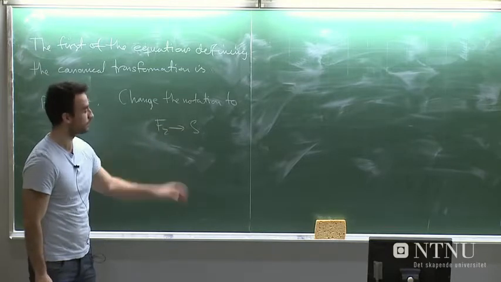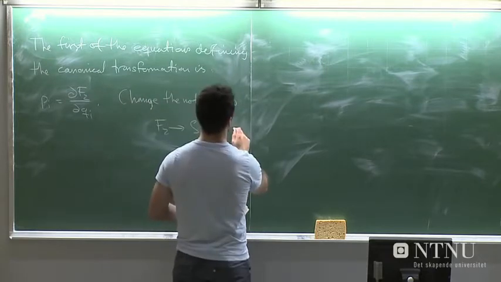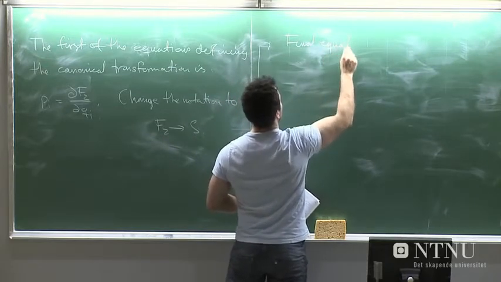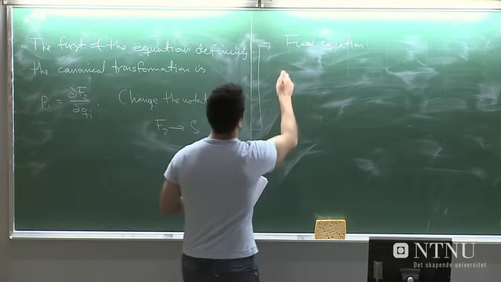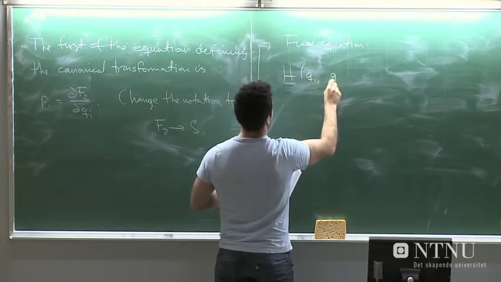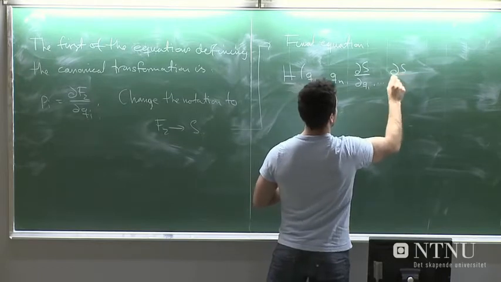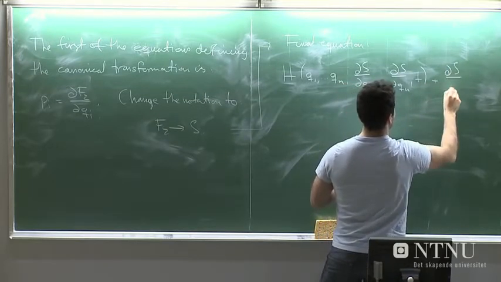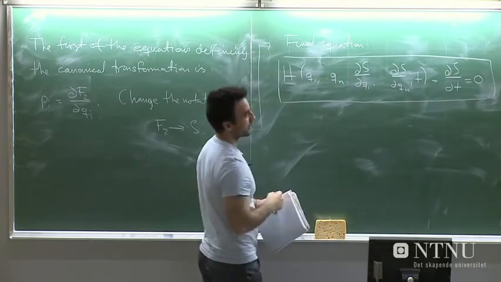So we're just changing the notation from F2 to S. So the final equation that we end up with having to solve is the Hamilton-Jacobi equation.